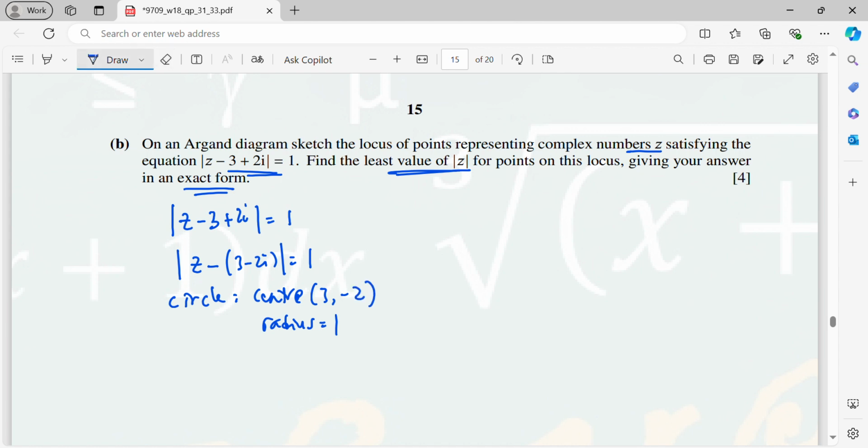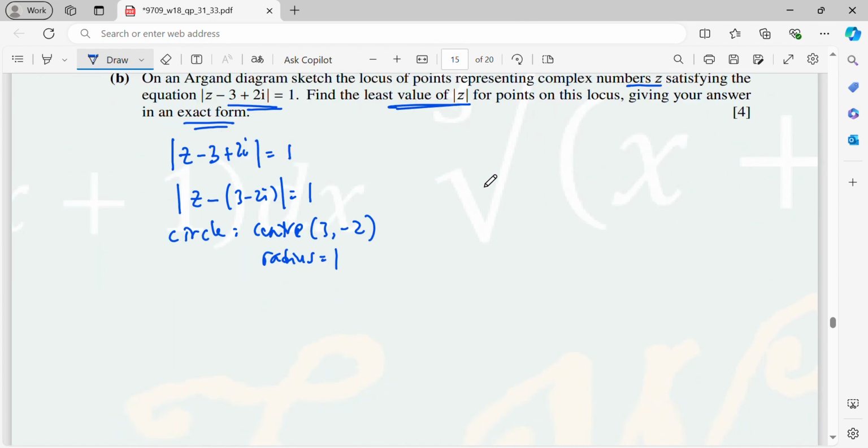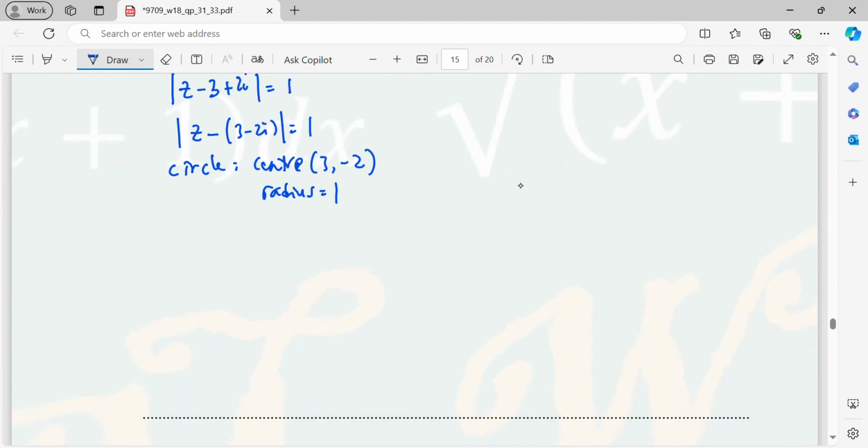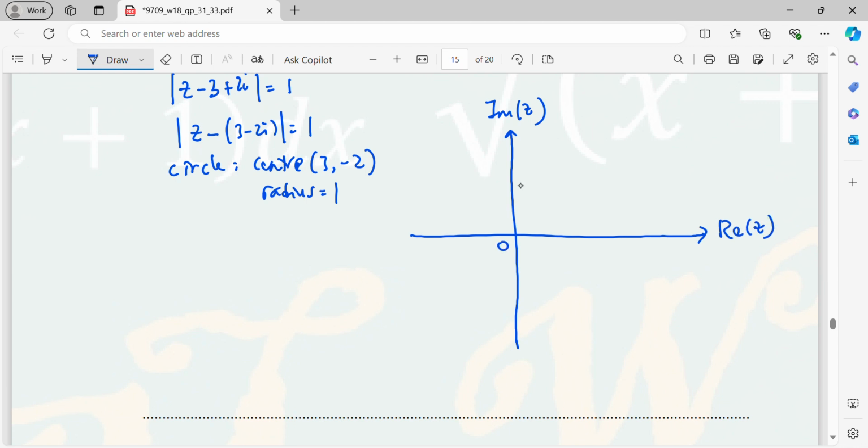Okay, so now we sketch the locus. Our center is at 3, minus 2. This is the real axis: 1, 2, 3. Minus 2 means 1, 2, 3 downward: minus 1, minus 2, minus 3.